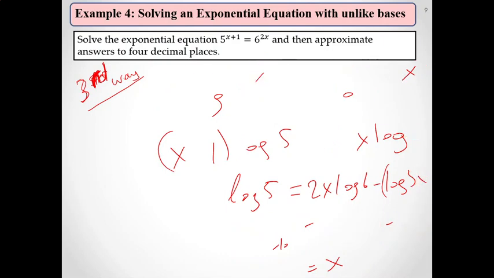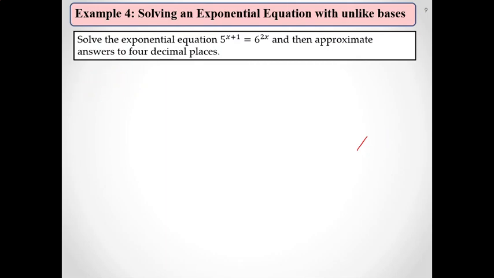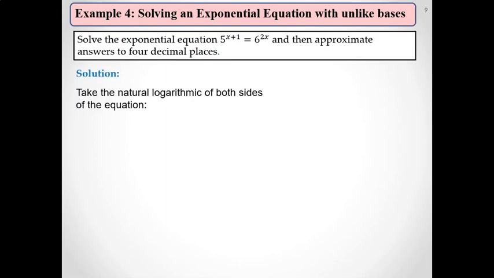Now, can we use a logarithm of another base? Like we used base 5, 6, 10, how about using ln, log base e? Here in the solution it uses ln. This is the fourth way of solving it.